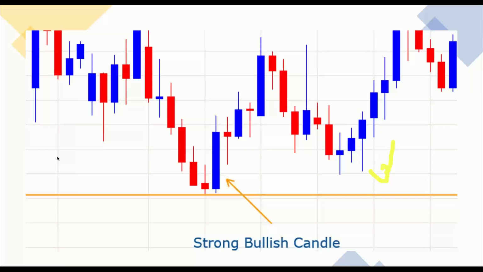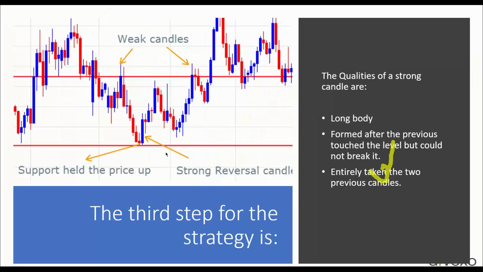It is a candle that encompasses that prior candle and exceeds it and could exceed the last two. It shows you the conviction of the traders. So we want a long body formed after the previous touched the level but could not break it, and entirely taken out the two previous candles.